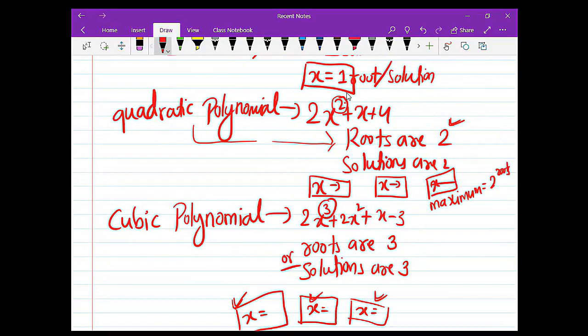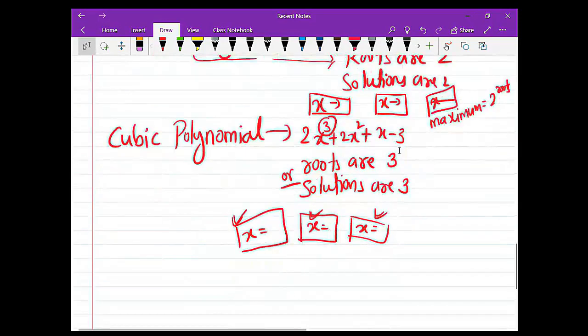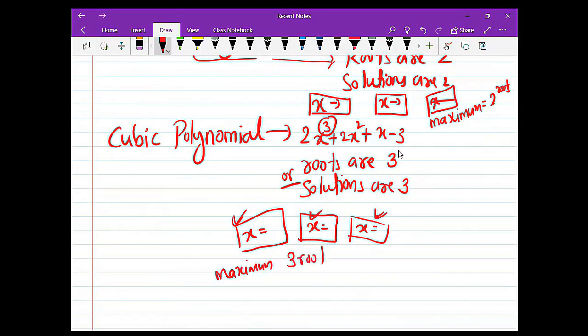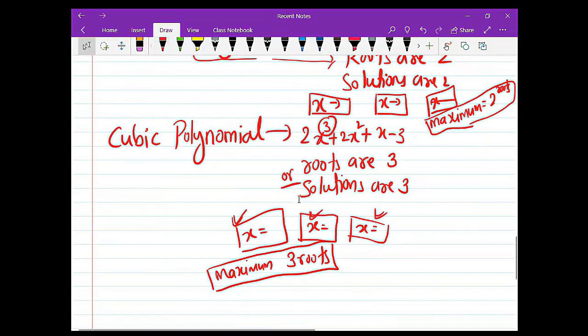In MCQ questions, you will get this type of questions. Okay, maximum two roots for quadratic polynomial, maximum three roots for cubic polynomial, not more than 3. Okay, you have to find it. Don't forget it. For the quadratic polynomial, maximum two roots. For the cubic polynomial, maximum three roots.